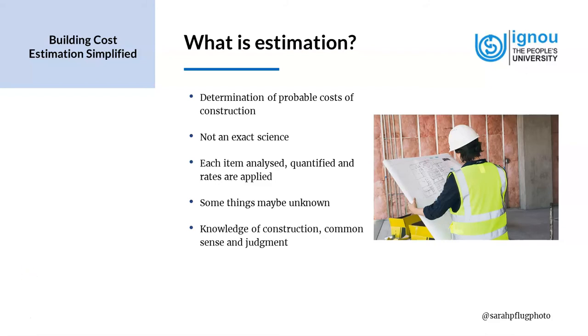Knowledge of construction, common sense and judgment are also very crucial in estimation. Experience of previous projects can be very helpful. Sometimes we may be able to get an idea of the estimate of a particular project, especially when we compare it to projects of similar sizes which we have done in the past.